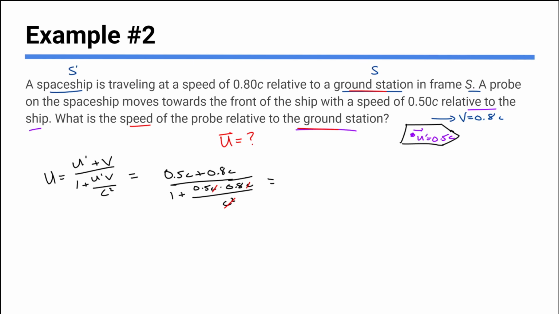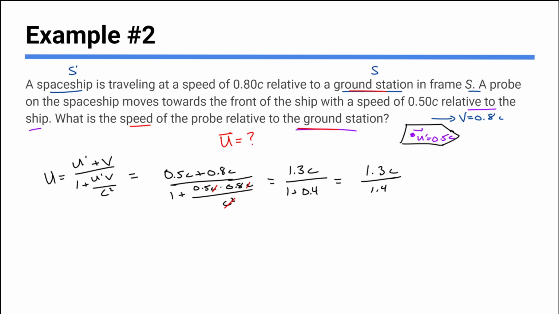All right, let's carry through. Add these together: 0.5c and 0.8c gives me 1.3c. Then divide by 1 plus 0.5 times 0.8, which is 0.4, since 5 and 8 is 40. So I get 1.3c over 1.4. I'm immediately doing a mental check. This makes sense because I have to have an answer less than c. This fraction has to be smaller than 1 because nothing can ever go faster than the speed of light.